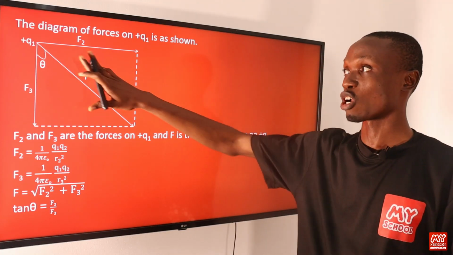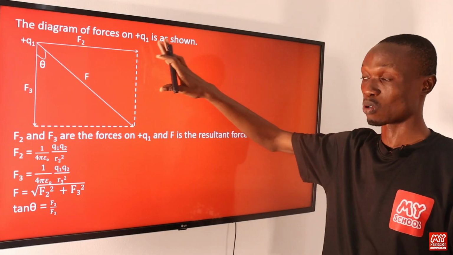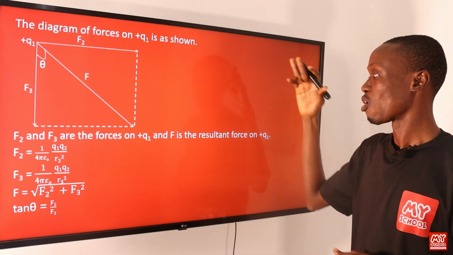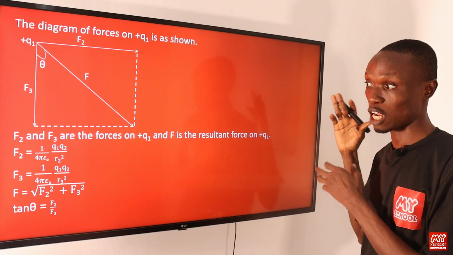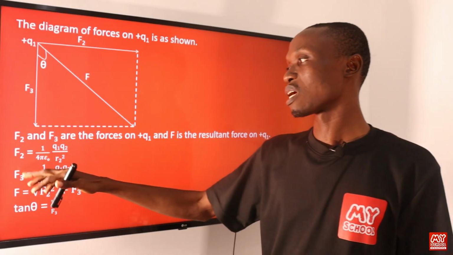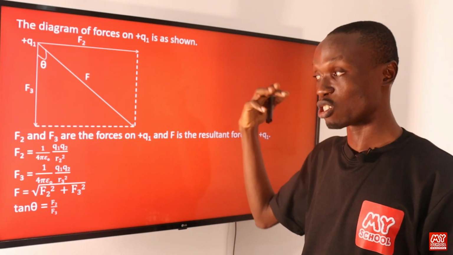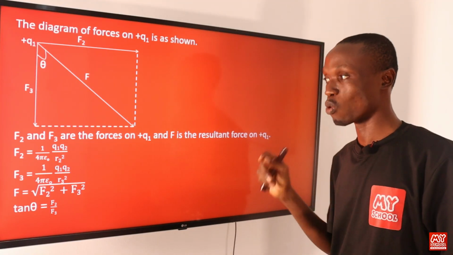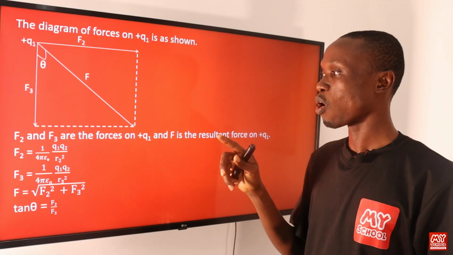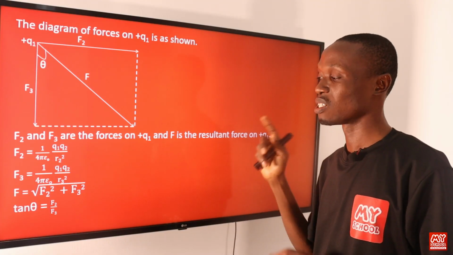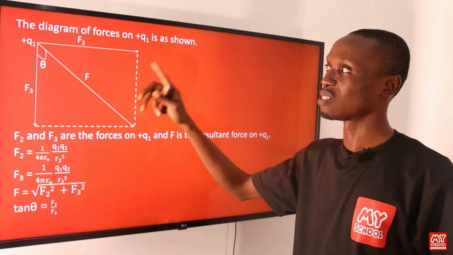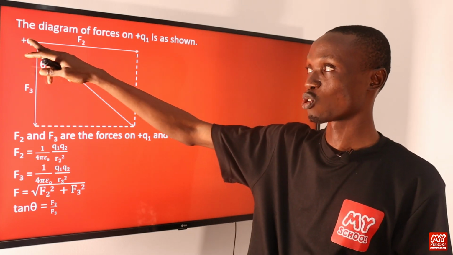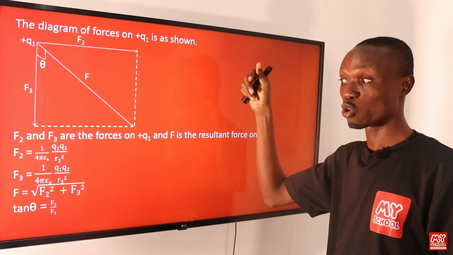Now, basically what we are trying to do here is to find the resultant of the force on the positive charge Q1. Remember that F2, which is the electric force, is equal to 1 over 4 pi epsilon naught, Q1 Q2 all over r2 squared, where r2 is the distance between the positive charge Q1 and the negative charge Q2.